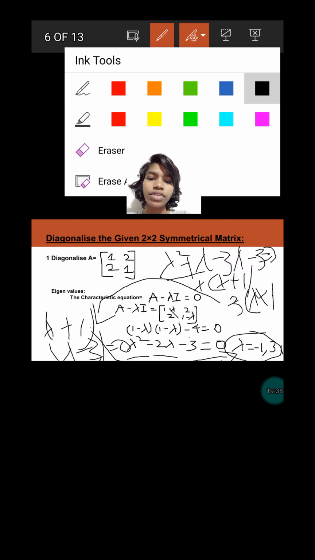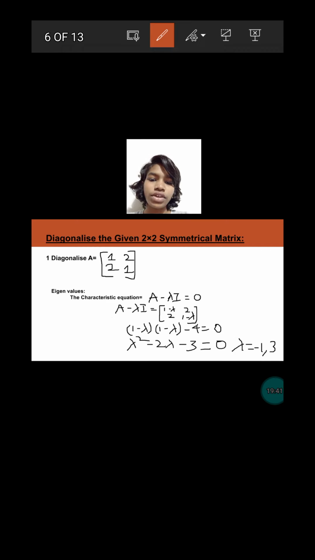Therefore, the eigenvalues for the given 2 by 2 symmetric matrix are minus 1 and 3.